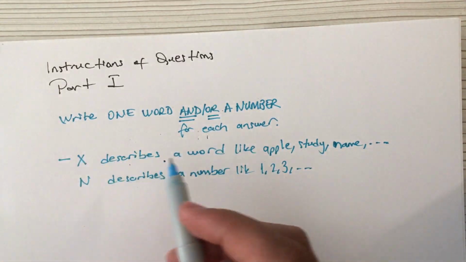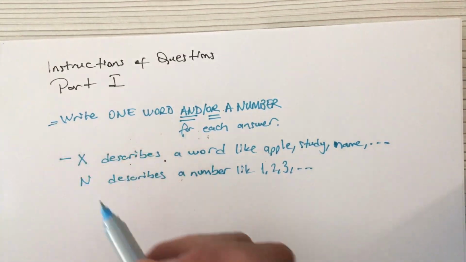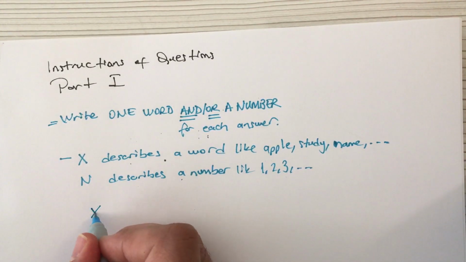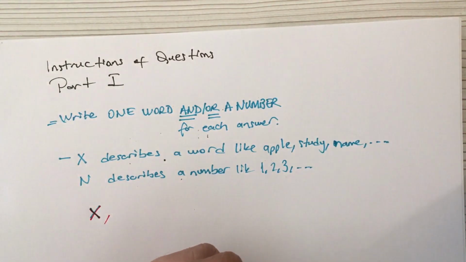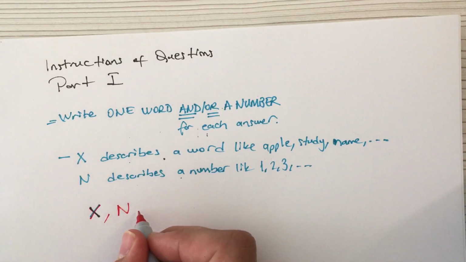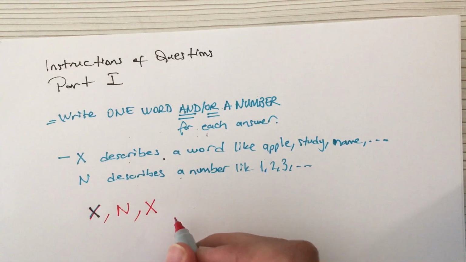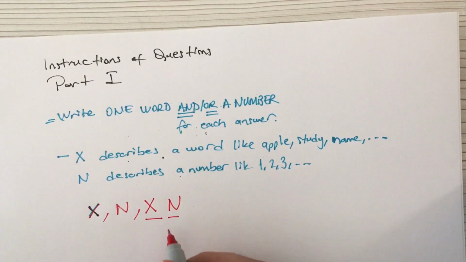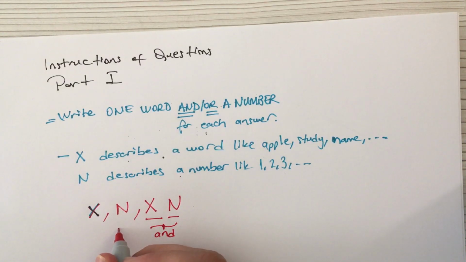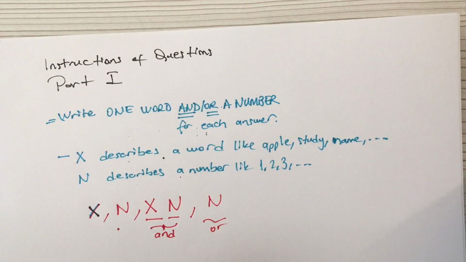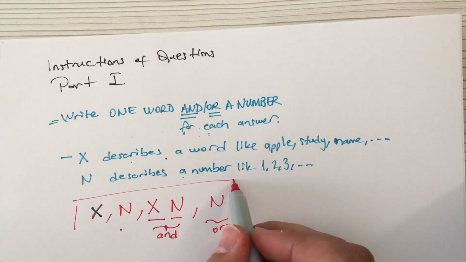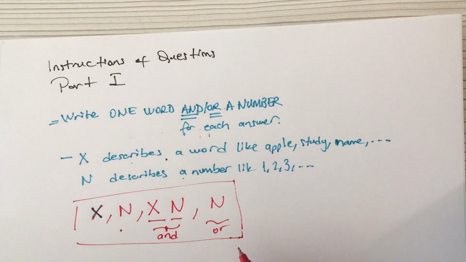The possible answers will be for this instruction X, only number, a word and a number together. This is and, this is or. Okay, that's it. You have 4 possible answers.